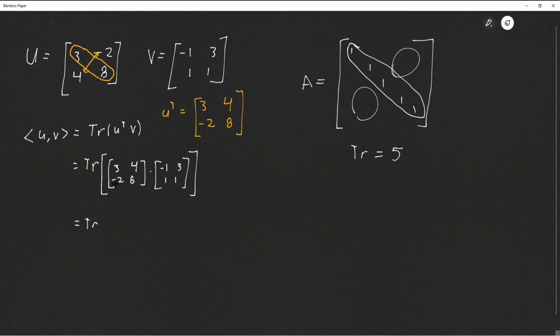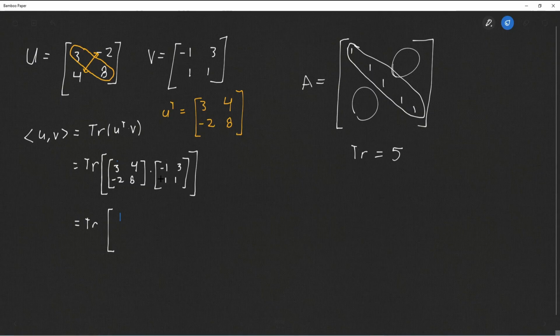So now it's the trace, and we have to do matrix multiplication. It's going to be 3 multiplied by negative 1 plus 4 and 1. So that's negative 3 plus 4, which is 1. And now our top right spot is going to be 3 times 3 plus 4 times 1.